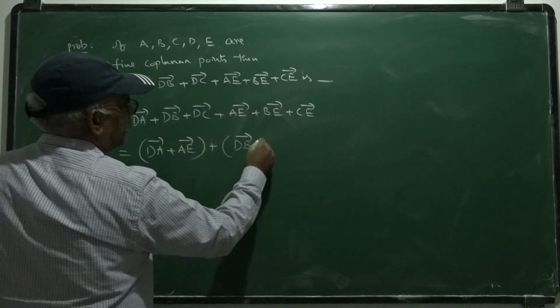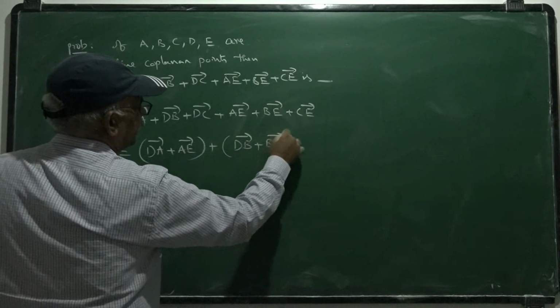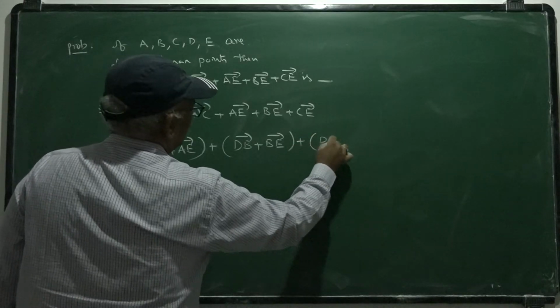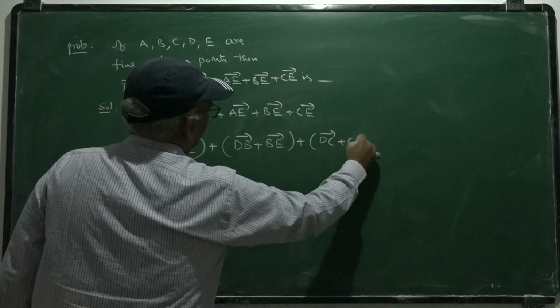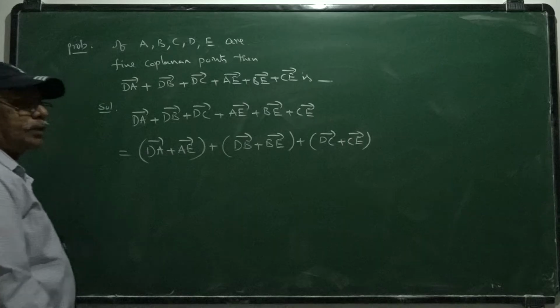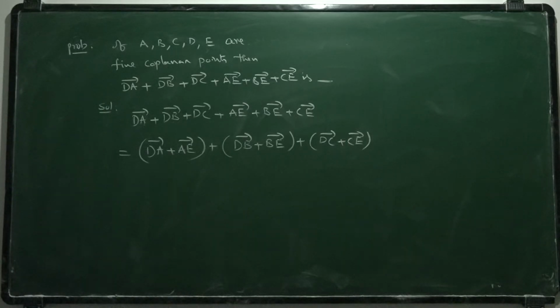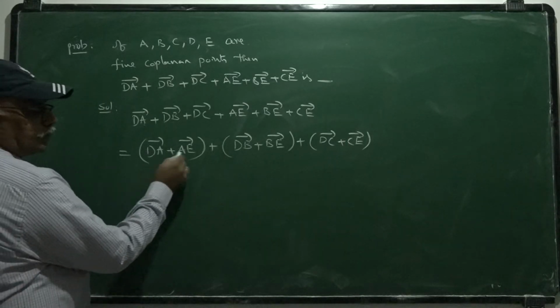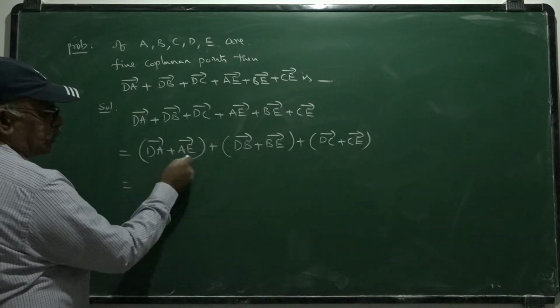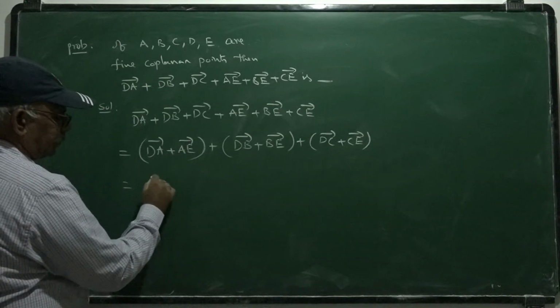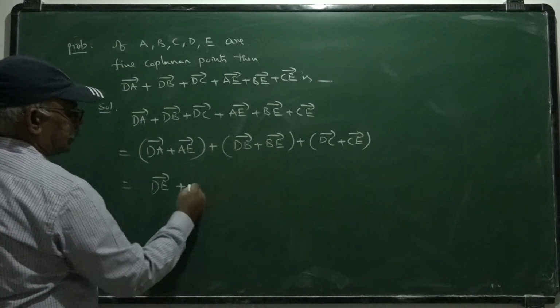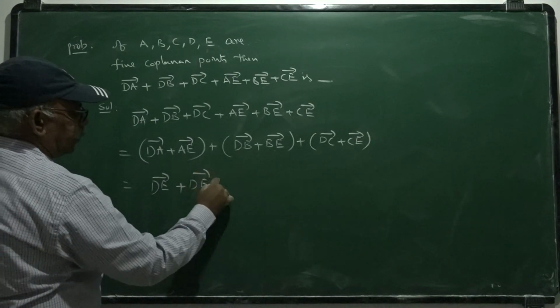collect dB bar and BE bar. Similarly, dC bar plus CE bar itself. Initially, collect the vectors pairwise like this. So from vector addition and definition, this is dE bar itself. This is also dE bar itself.